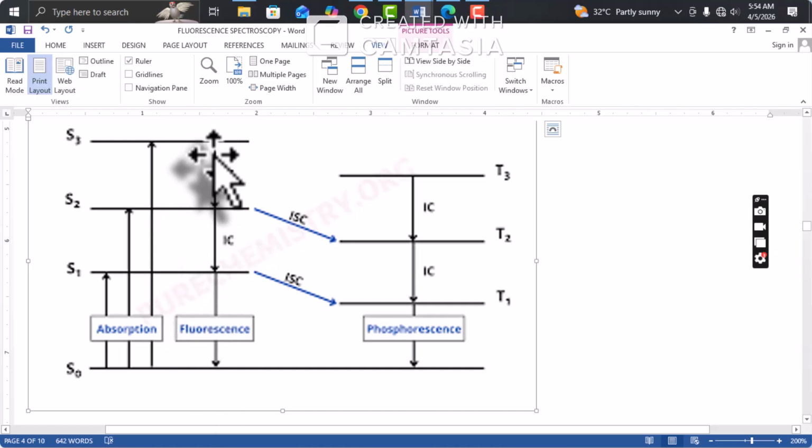But remember, they can also fall back stage by stage. But at the end of the day, they still fall back to the ground state. So when they fall back, based on the singlet, this S1, S2 and the likes are singlet states, when they fall back following the singlet state, they produce fluorescence.